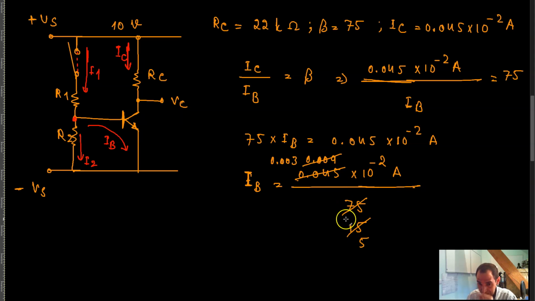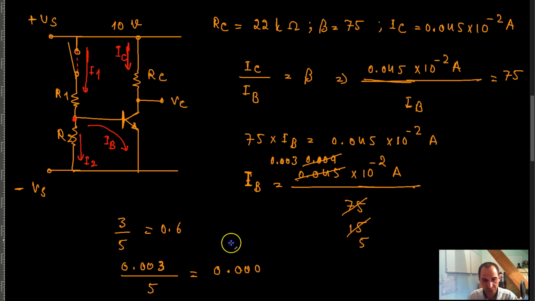Now, 3/5 is the same thing as 0.6, and since I'm dividing 0.003 divided by 5, I will get basically 3 more decimal places, which means that 3/5 originally is equal to 0.6. But then 0.003 divided by 5 would be equal to 0.000, basically 6, I suppose, right?